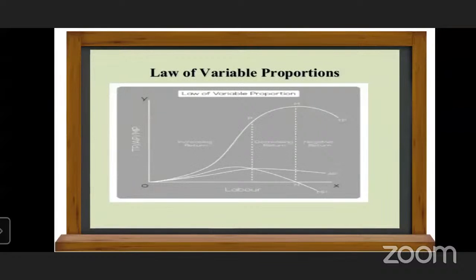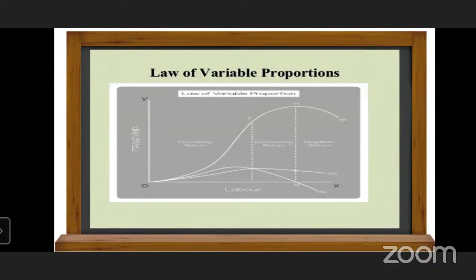It is the most important graph, and I'm sure that in all the exams, 2 to 3 questions will come from this graph. I'll tell you the different ways questions will come. I think you are able to see the graph. We have the y-axis and the x-axis.